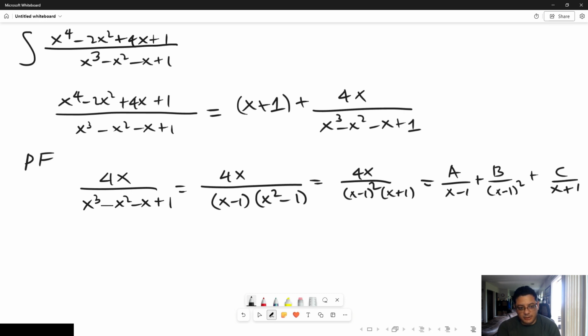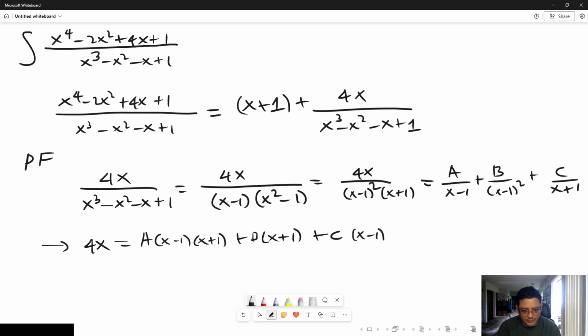Now again, if we multiply by the common denominator on both sides, then we have that 4x is a times (x minus 1)(x plus 1), plus b times (x plus 1), plus c times (x minus 1) squared.